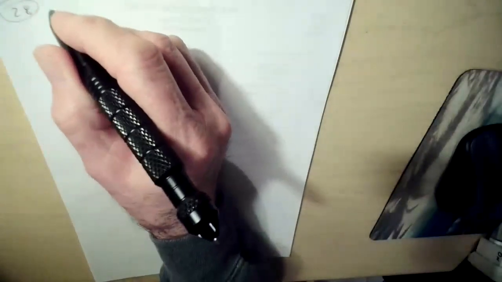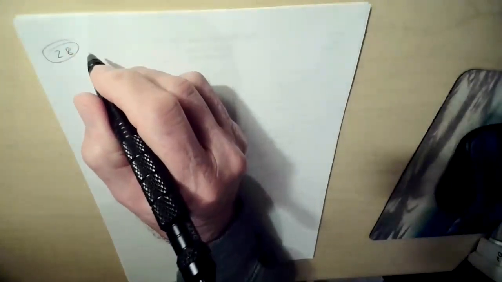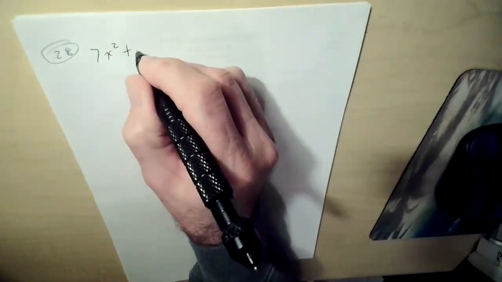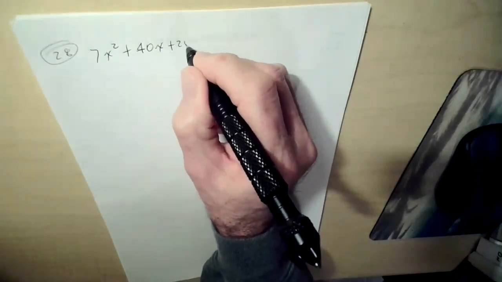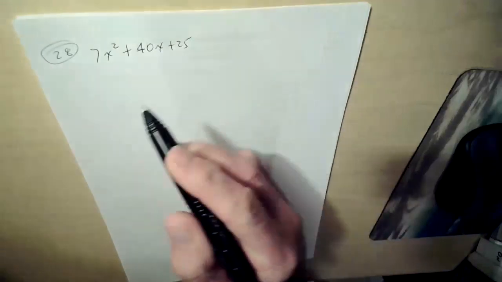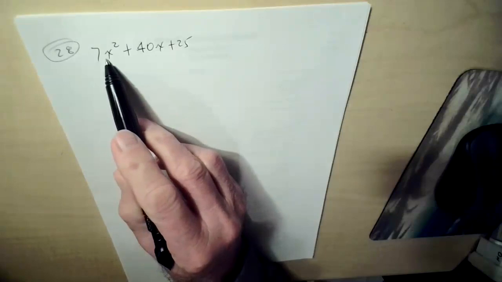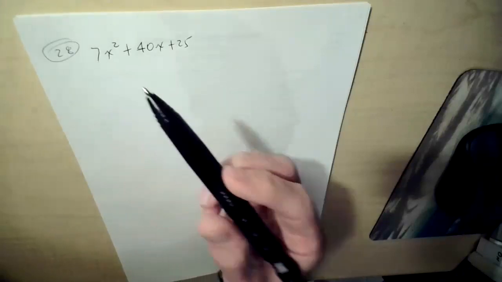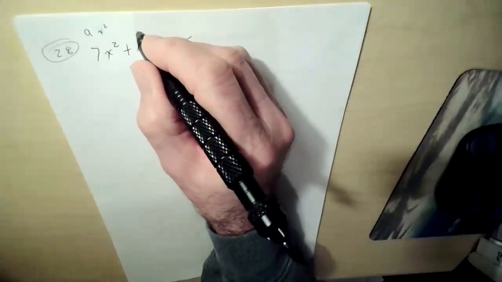28. Okay. Again, this is factoring. 7x squared plus 40x plus 25. Now remember, when the coefficient of the quadratic term is not 1, we have to multiply.